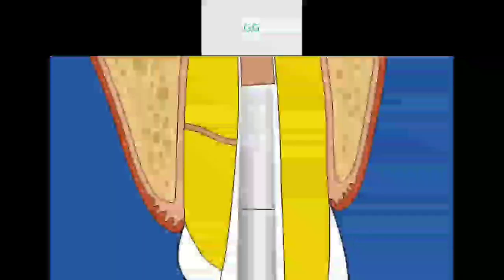While coming for the backfill, the heat wave goes from the apex to the coronal part, and this is how you carry the GP segments, and then you again compress using the pluggers that are available. Now this is the clinical technique that is to be used. This is how you carry the GP segment inside the root canal and place it. Then you condense it using the plugger.